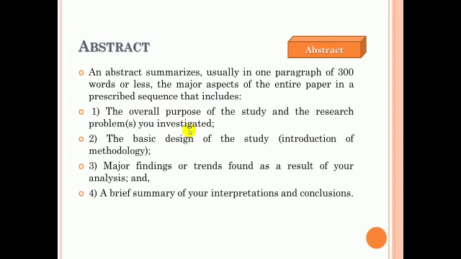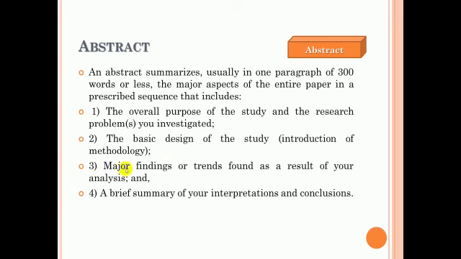This is the first thing that you have to include. Second, the basic design of the study, the introduction of methodology. You have to mention your methodology within this abstract section.